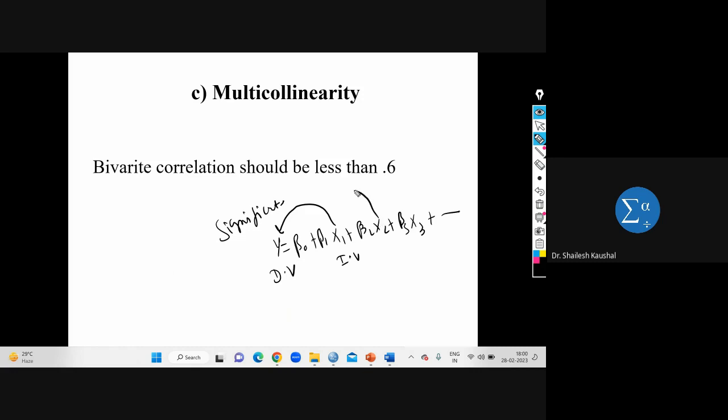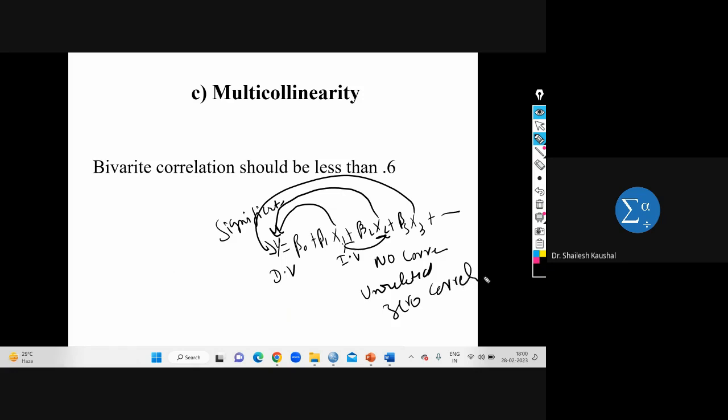All the independent variables should be highly significant with the dependent variable, but among the independent variables, x1 and x2 should be unrelated, or zero correlation. Same as x2 and x3 should not be highly related. x1 and x3 should not be highly related.